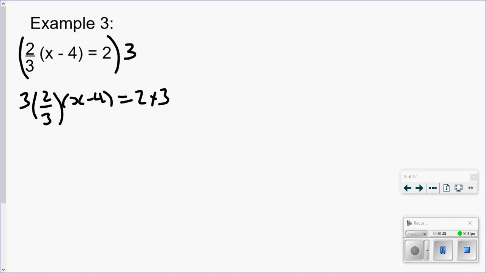It's not 3 times 2/3 and 3 times x minus 4. It's 3 times 2/3 times x minus 4. The 3's cancel out. I'm left with 2x minus 4 equals 6. And now I can expand. Minus 8.